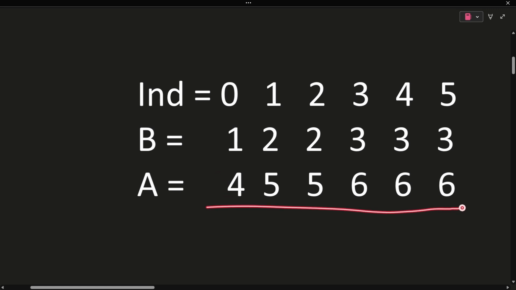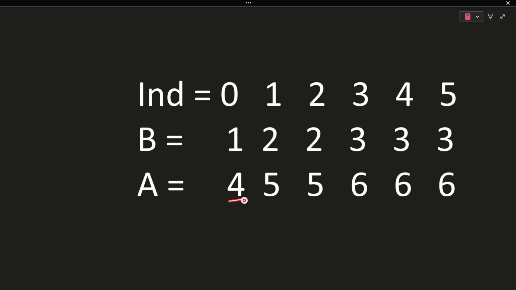So here we can say 4 appeared only 1 time, so for this index it prints 1. 5 has appeared 2 times, so for this index it gives 2, and it also gives 2.